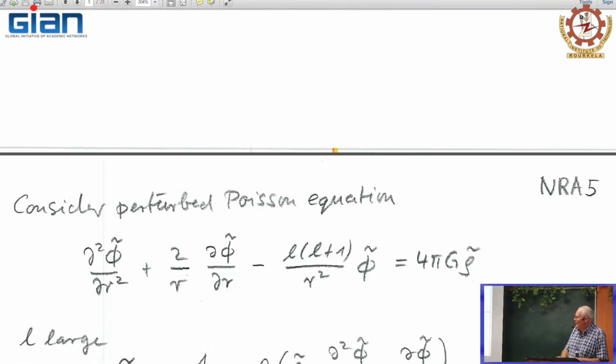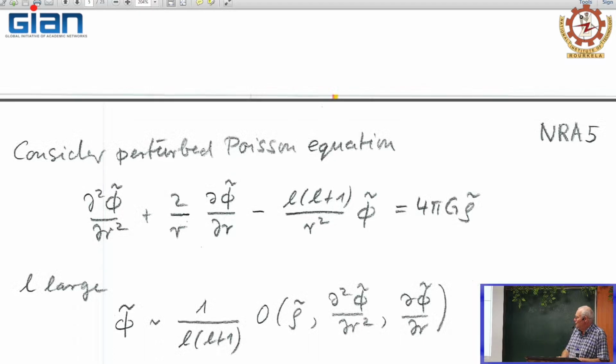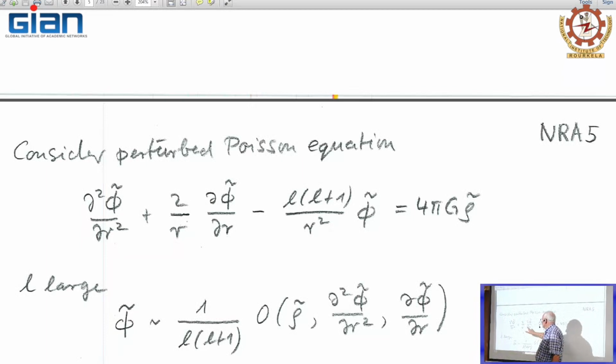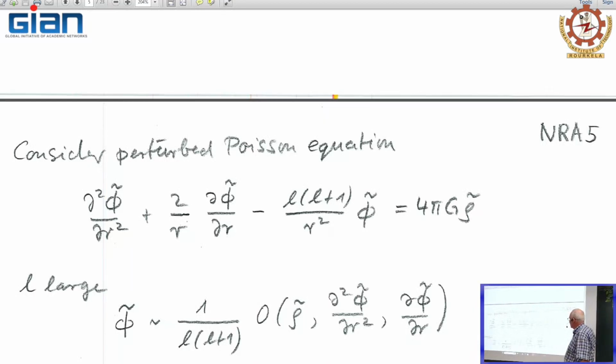Now, first of all, let's consider Poisson's equation. This might be written in terms of the second derivative of the potential plus the first derivative of the potential with respect to radius, plus a term that goes like L times L plus 1 over R squared of the Eulerian potential, is given by 4 pi g times the Eulerian density perturbation.